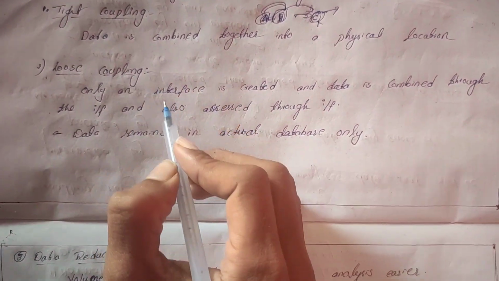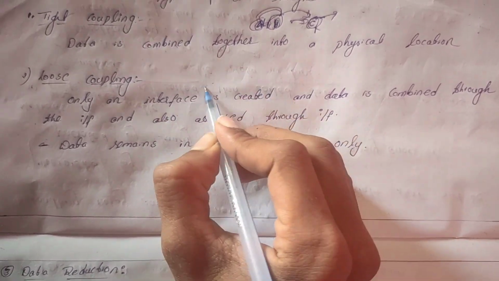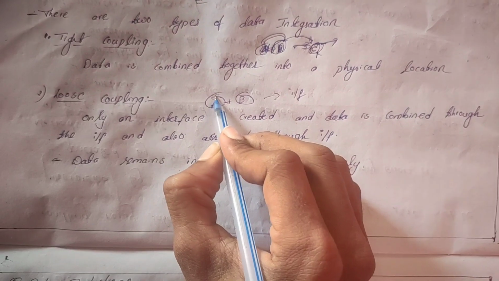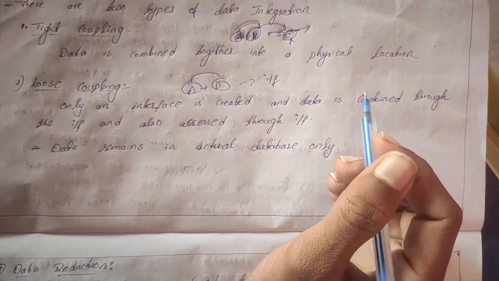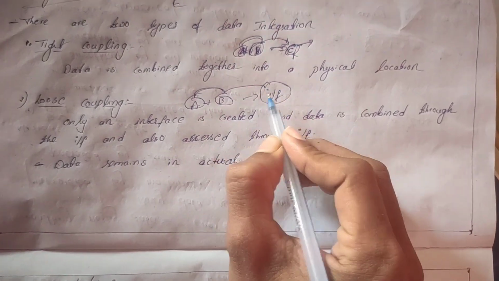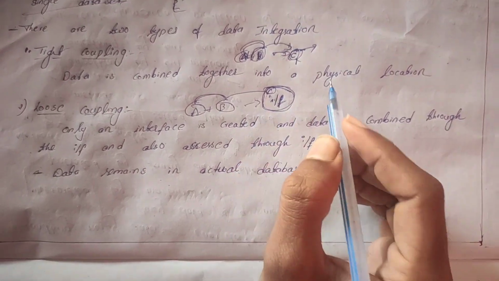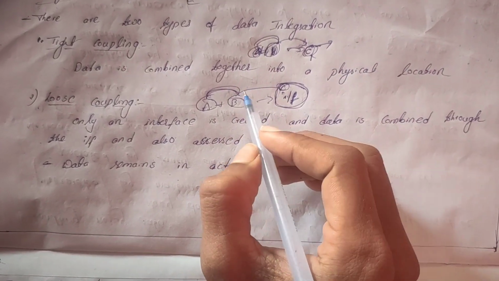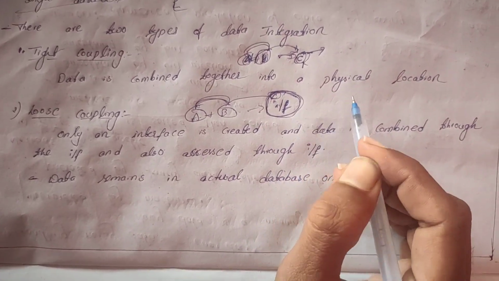Whereas in loose coupling, we will create an interface for these A and B data sets. Data is combined through the interface and also accessed through the interface.